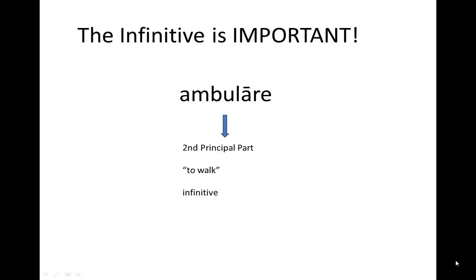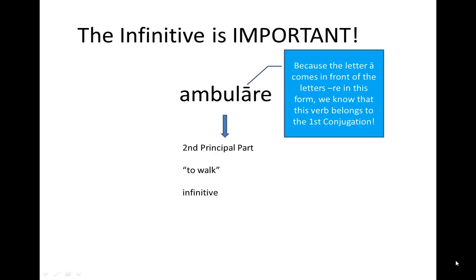The infinitive is a very important form and does several things. One of those things is that it tells us to which conjugation a verb belongs. We look for this information in the last 3 letters of an infinitive. In this case, we see that the last 3 letters of ambulare are a long A-R-E.